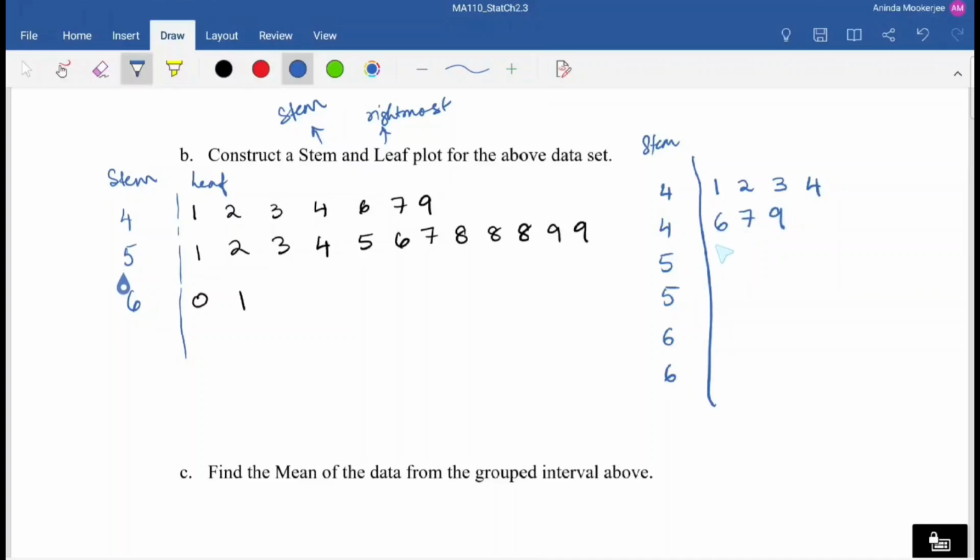Anything above 4 would go in the second row for 4. All right, and then for 5 it would be 1 2 3 4, and then for the next row for 5 it would be 5 6 7 8 8 8 9 9, and then for 6 it would be 0 and 1. All right, so when we have a long row for one stem, it's better to break it up into 2 rows per stem.